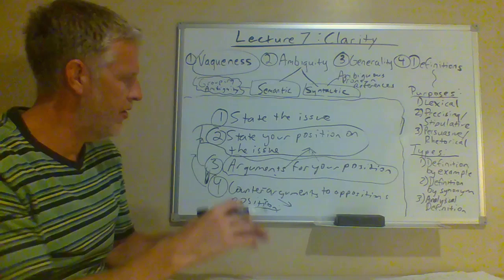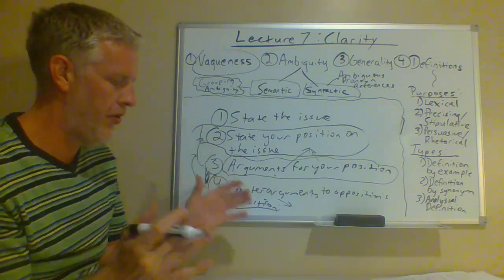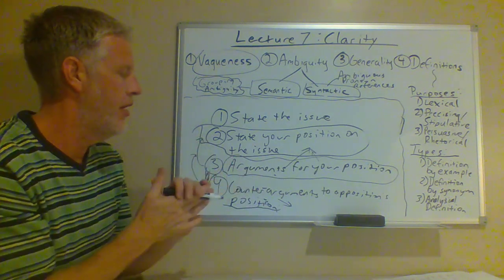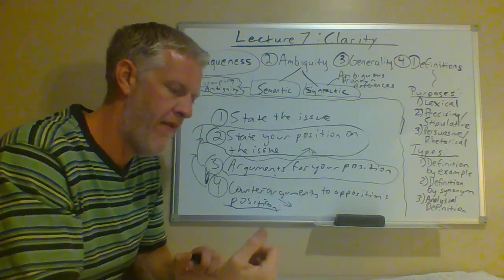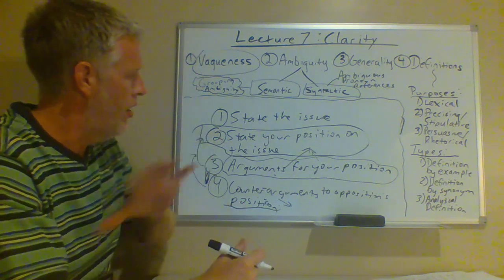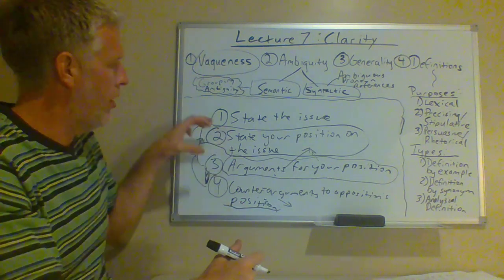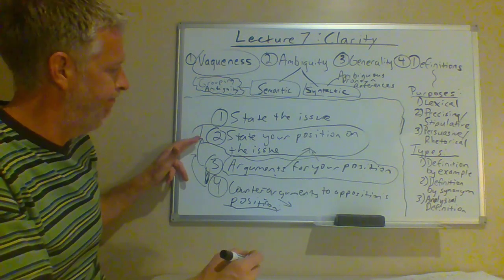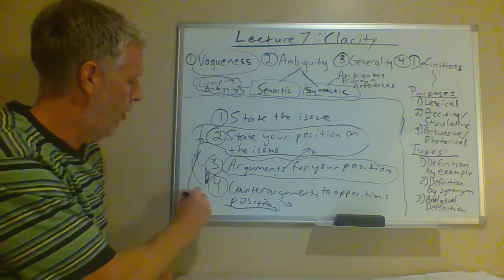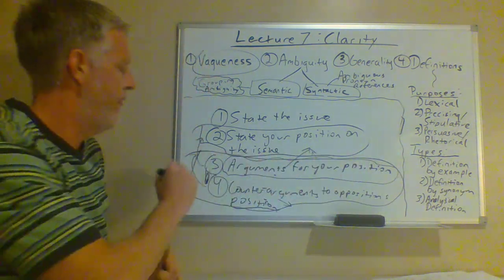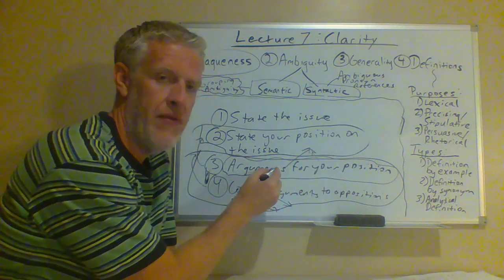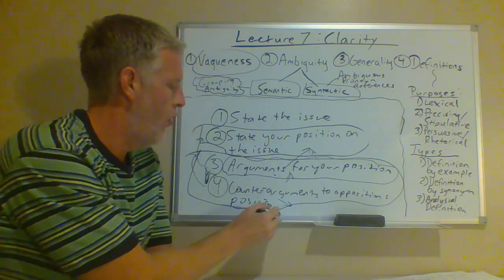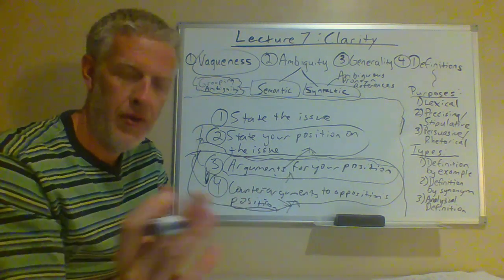So those are, and I agree with the authors, the 4 major elements. If you're going to have a good piece of writing, you need to make sure there is a clear, concise statement of the issue, and then also your position on the issue, and then your support of it, either by way of directly supporting your own position or saying what's problematic with the other alternatives.